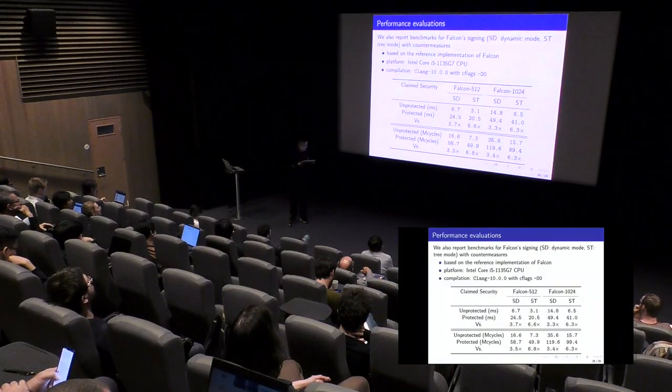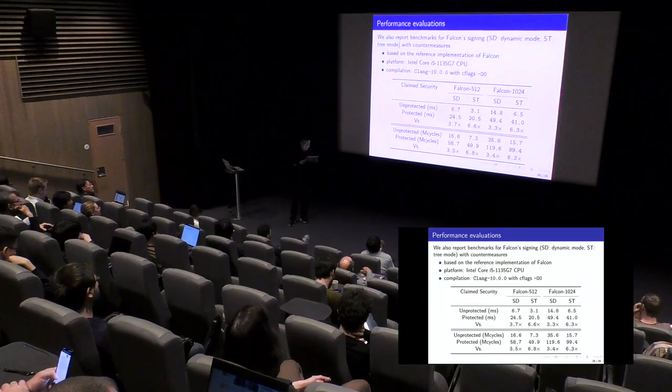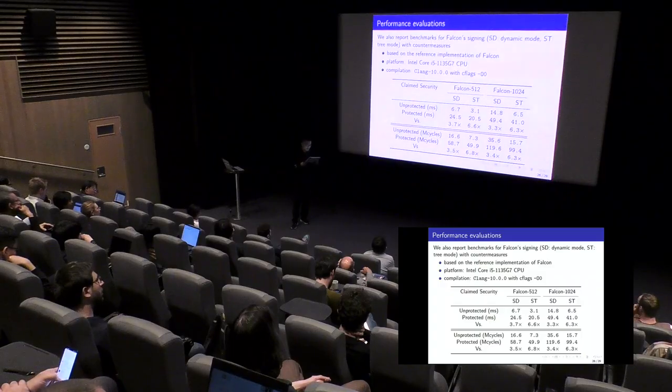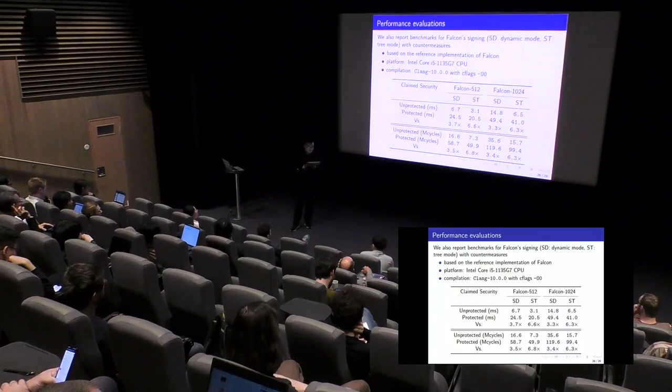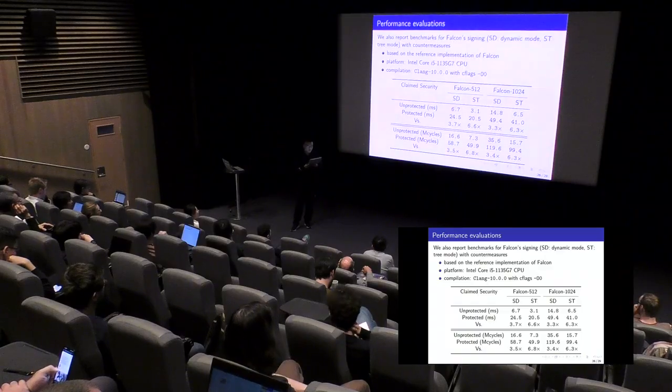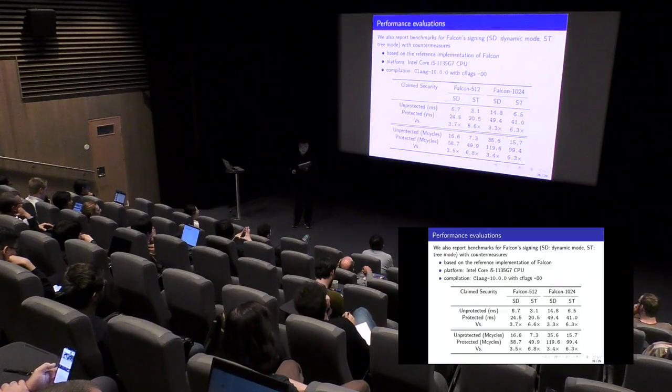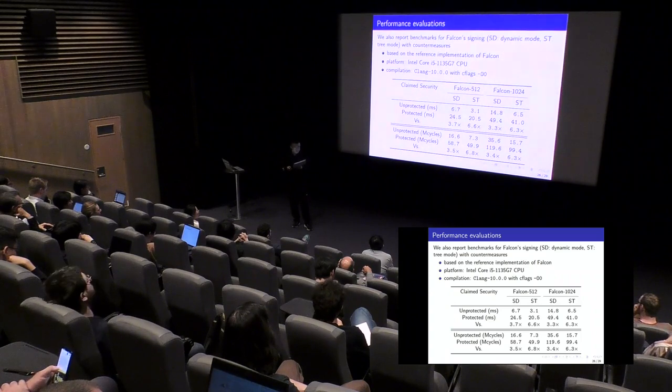And we also report benchmarks for Falcon signing with countermeasures. The overhead on the signing speed of our countermeasures is about 3.5 times. The above evaluations show that our countermeasures admit a practical trade-off between efficiency and side channel security.